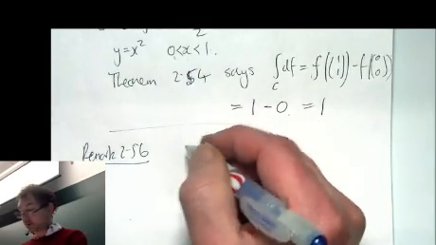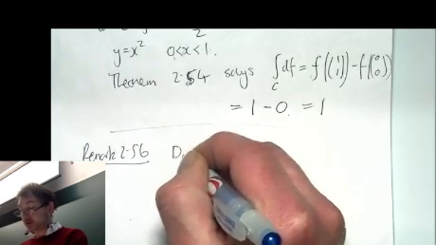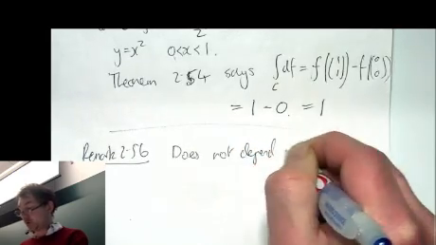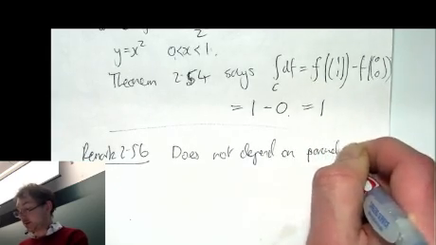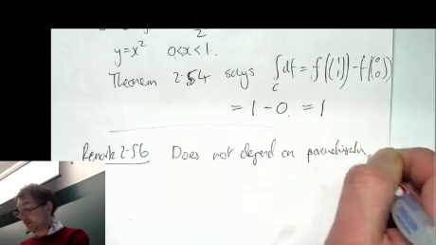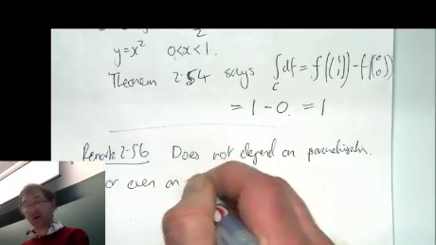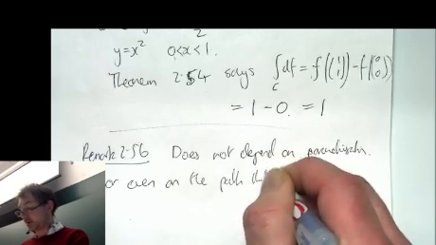It's just to say it does not depend on the parameterization. Well, we knew that anyway, but, or even on the path that curve takes.